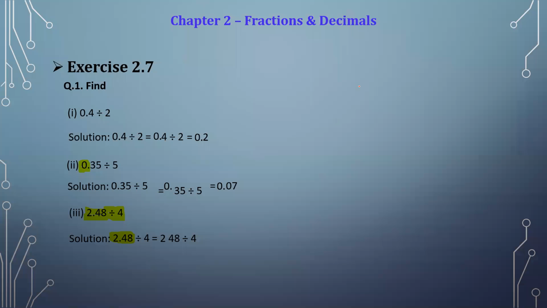That means we are going to solve it now like this: 248, and we are going to divide this number by 4. So we are going to divide it now.